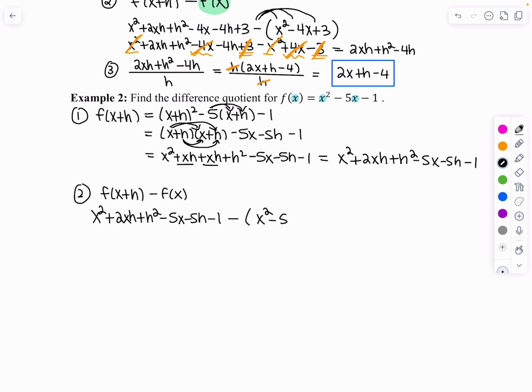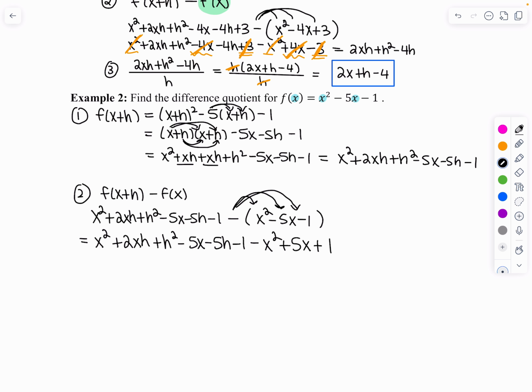And again, notice how I just threw the parentheses around this because I'm subtracting 3 terms, and the only way that's going to come out right is if I put parentheses around what I'm subtracting. So I get a minus x squared, a positive 5x, and a positive 1 after distributing the minus sign.